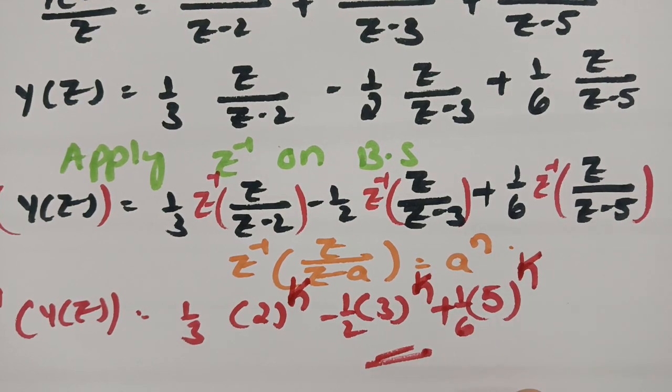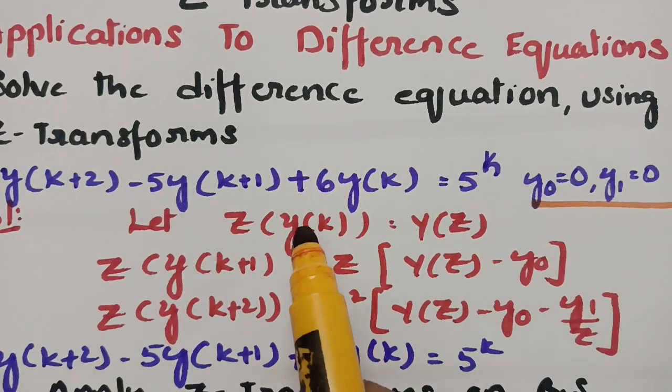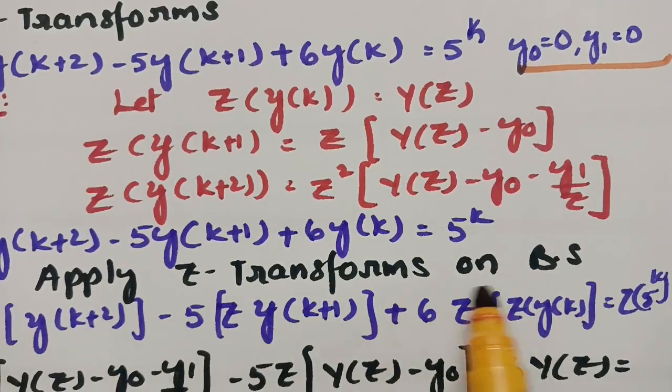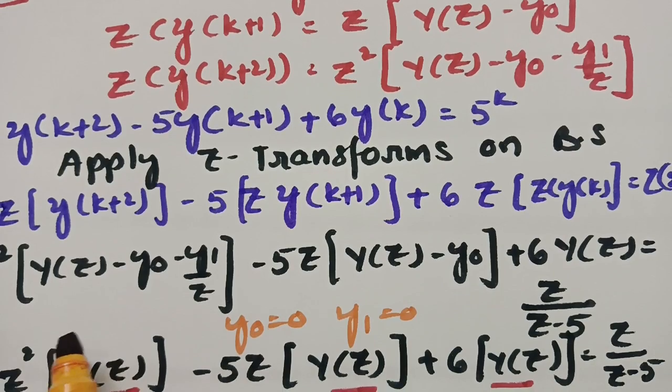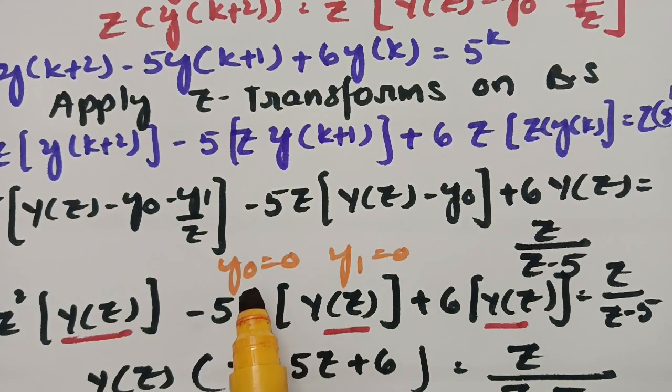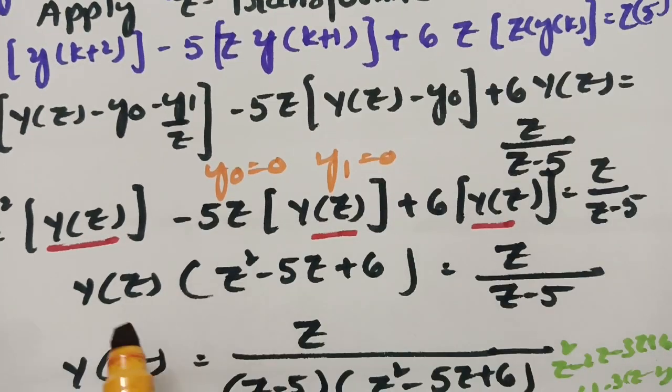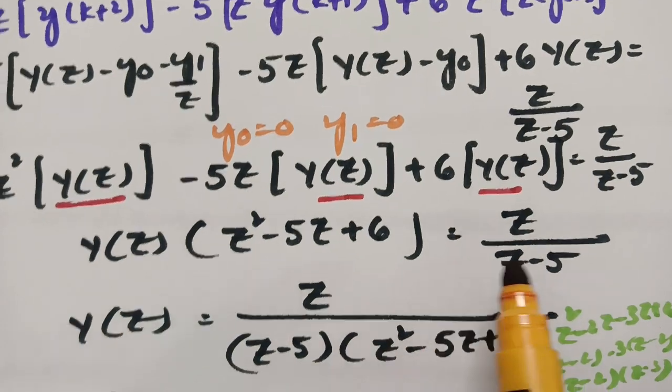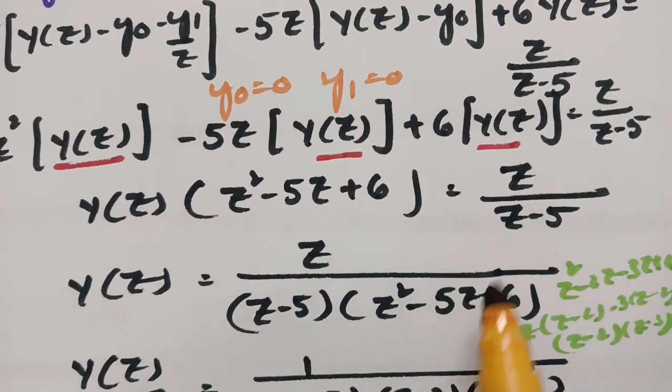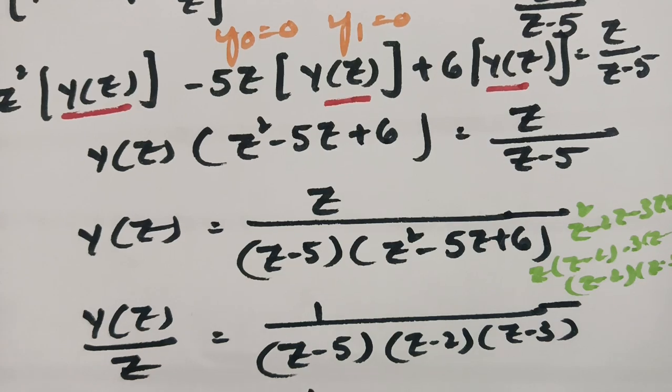This is also so simple if you follow these steps. We have to consider all these conditions, and we have to apply z transforms on both sides. After applying z transforms, we have to apply the conditions here, take y of z common, send this term to the other side, and send z to this side.